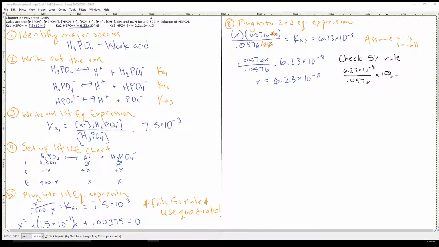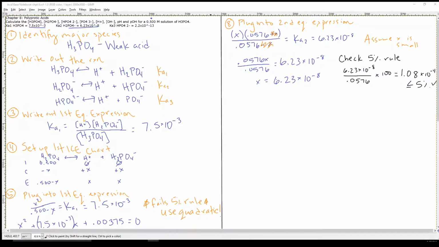You end up with 1.08 times 10 to the negative 4, which is less than or equal to 5%, so we're good to go. We did not have to use the quadratic on this one.